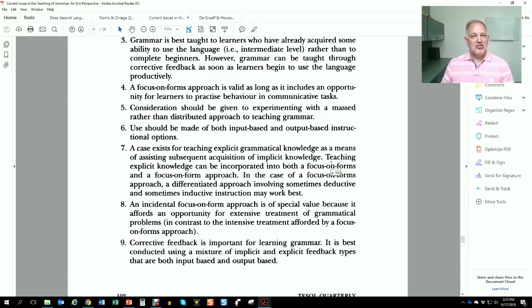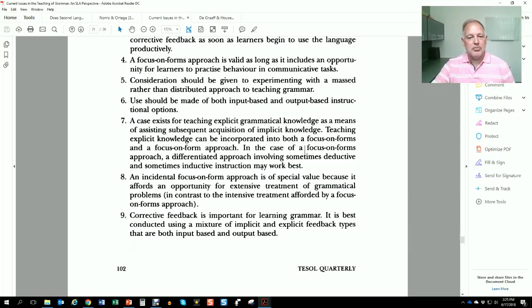That's a question in our syllabus, right? Can explicit knowledge ever become implicit knowledge? And there's an article on our Blackboard site by Van Patten that addresses that from his perspective. Experts disagree.